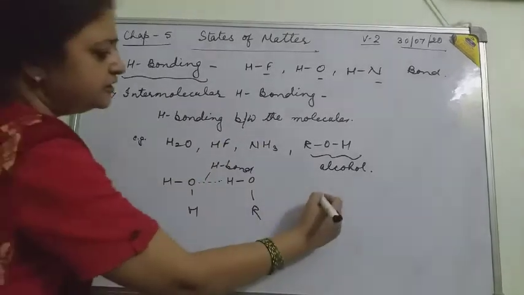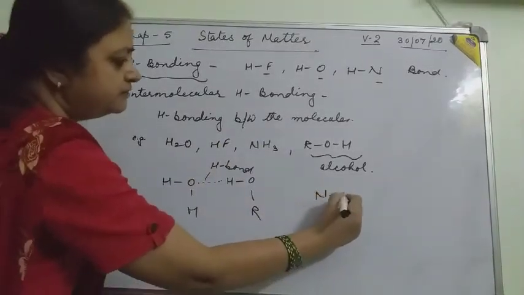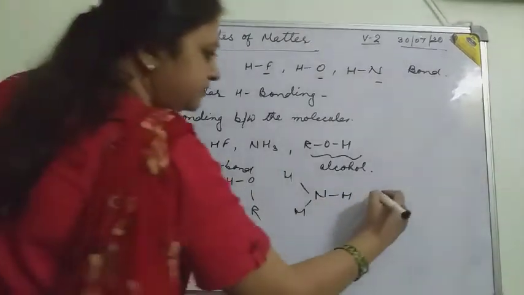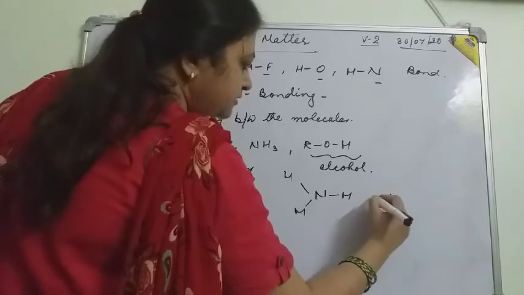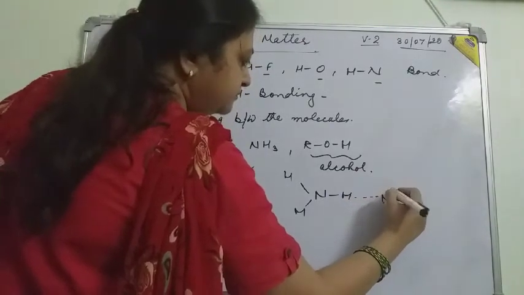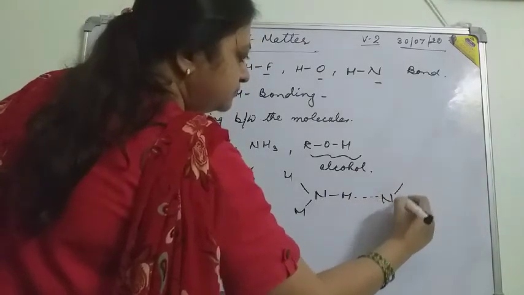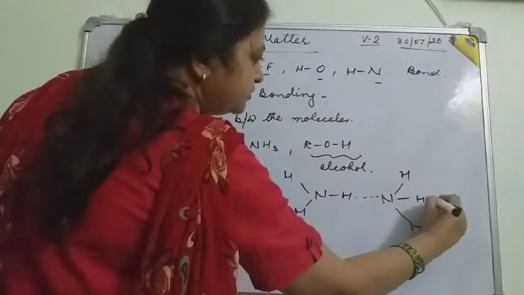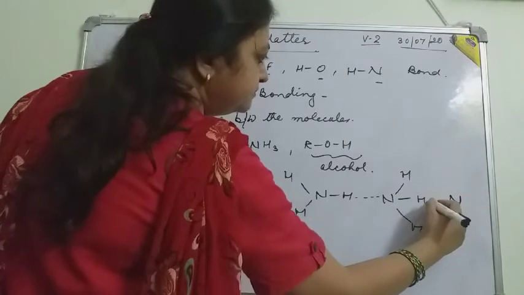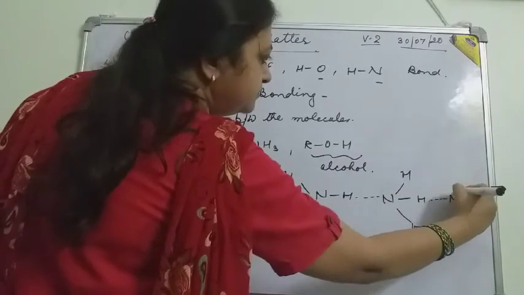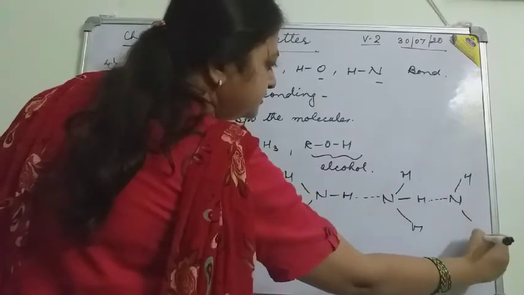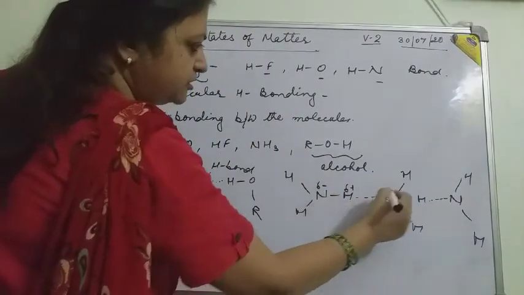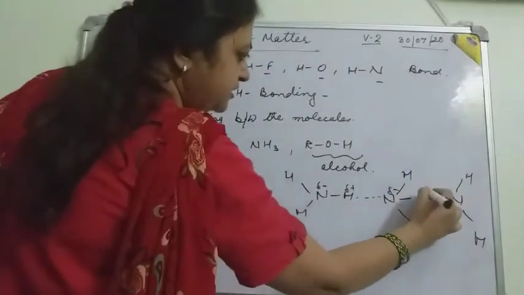In NH3, another NH3, N, H, again N, H. So here partial negative, partial positive, partial negative, partial positive.